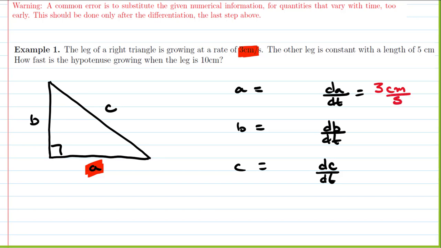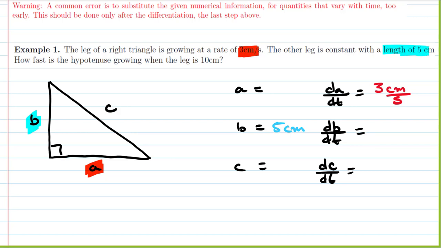The other leg is constant with a length of 5 centimeters. Well, that's going to be our side B, and we know its length is going to be 5 centimeters. If it's constant, what is dB/dt going to be?